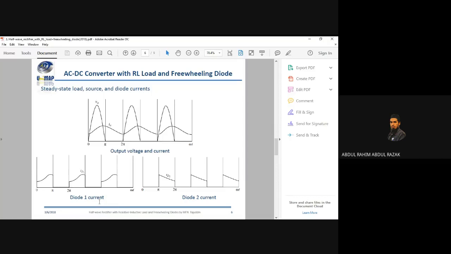This is the diode 1 current, and this is the diode 2 current. When you switch on, the current will rise up slowly because of the inductor. It needs time to charge the inductor. It does not follow the voltage here, but it has a delay.